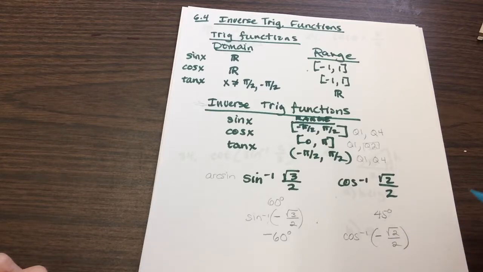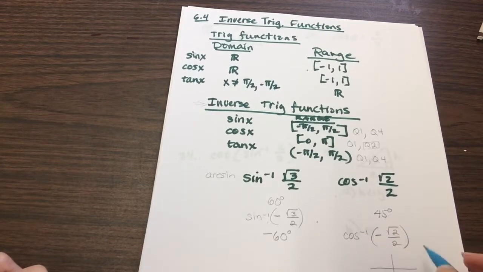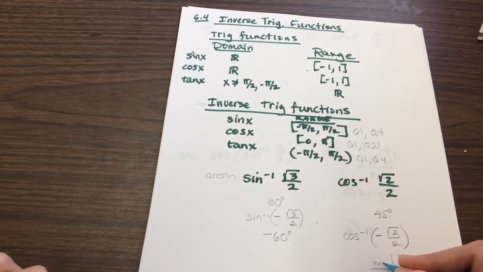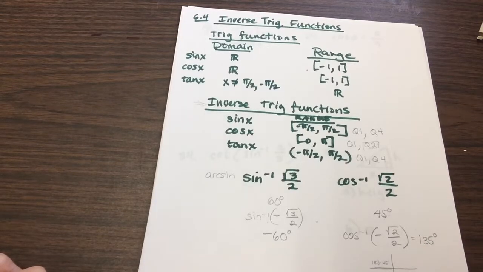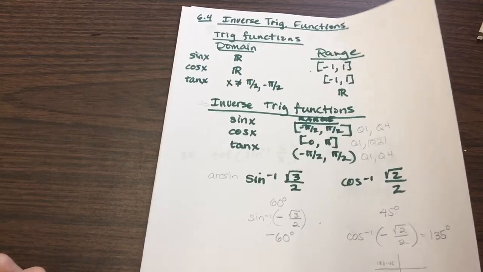Well, if I'm going to try to figure that out, I'm just going back to this x-axis thing, and I'm doing 180 minus 45. And so this is going to equal 135 degrees. Okay? Let's keep going.